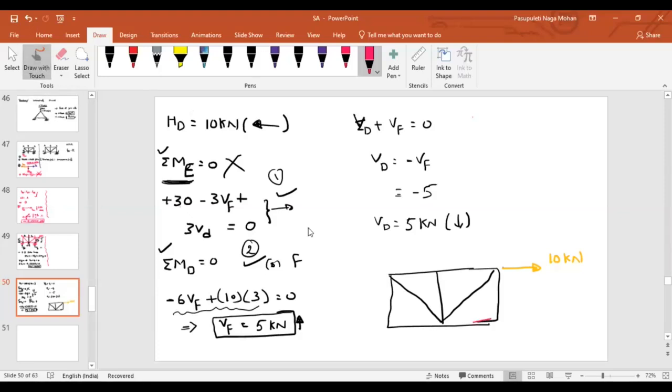For me, this entire truss should be stable, isn't it? Now, because of this force, how can I balance it? As my 10 kilonewton applied force is acting on the right, obviously, if it is to be stable, all the forces along the x direction should be 0, all the forces along the y direction should be 0, and the net moment should be equal to 0, isn't it?